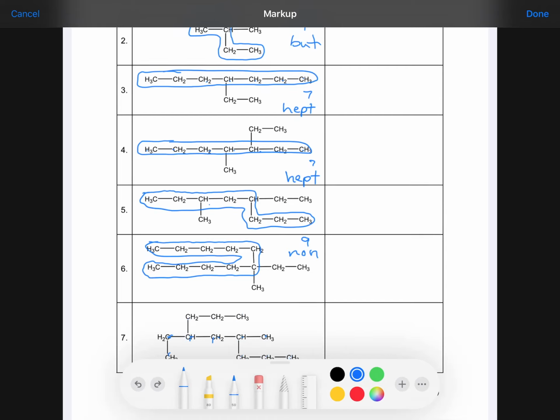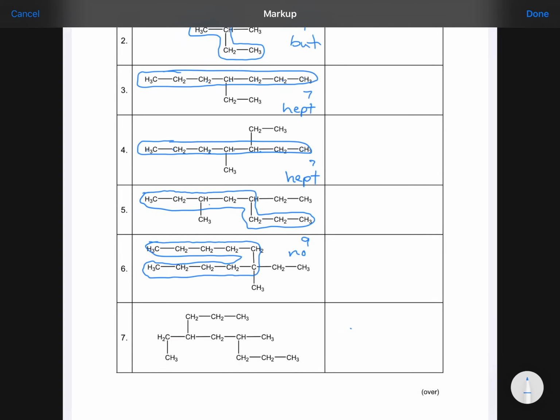So I have to erase all of those marks now that I identified it, and take that back out of my way. Alright, so we have 9. That's a non.